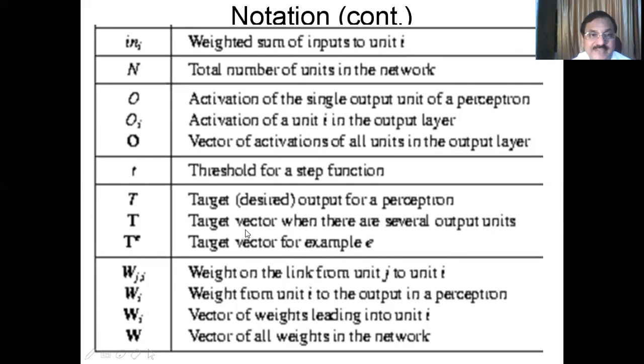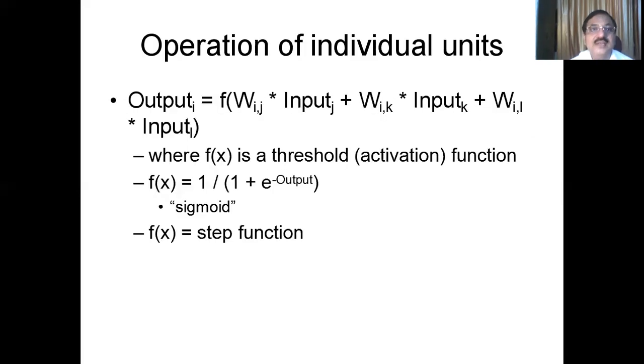Capital T is the target vector when there are several output units. T_e is the target for a particular example e. W_ji is the weight on the link from unit j to unit i. W_j is the weight from unit j to the output of the perceptron. W_i is the vector of weights leading into unit i. W is the vector of all weights of the network.